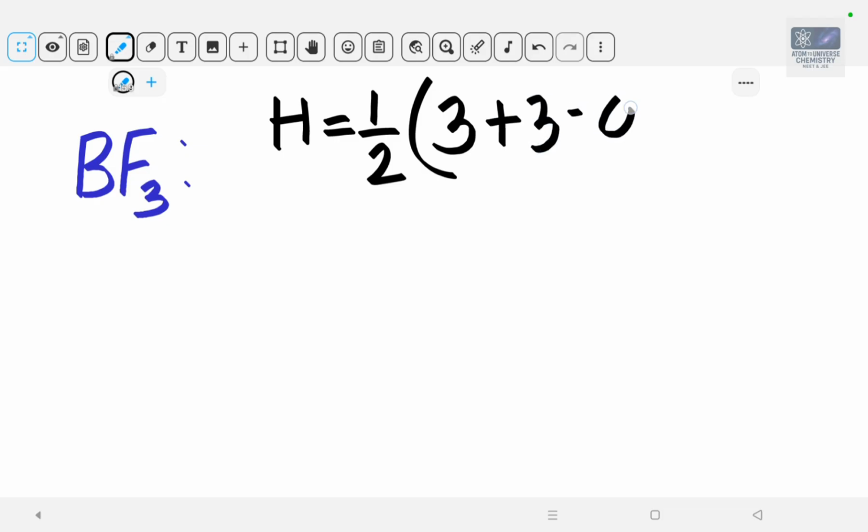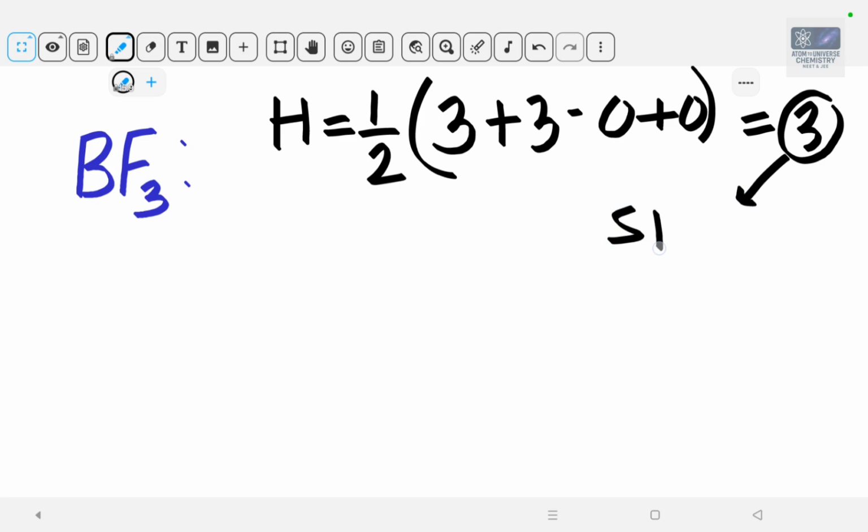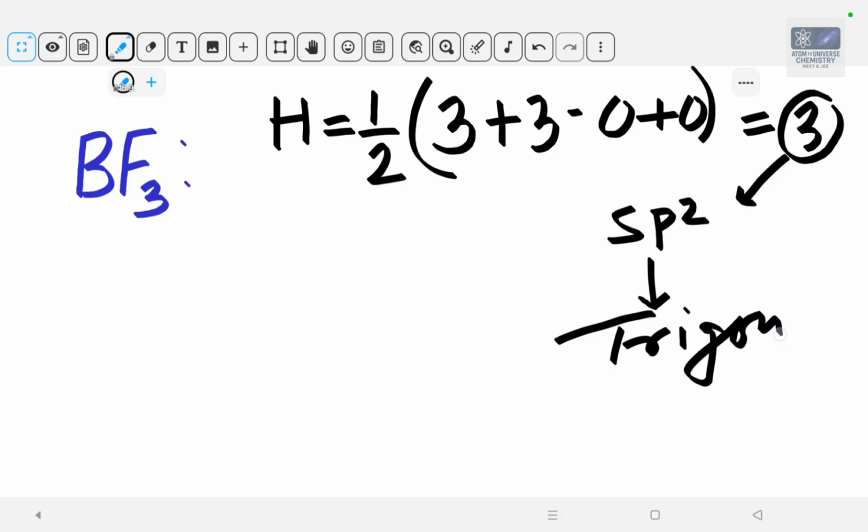No positive charge, no negative charge, giving the value of 3. So 3 is sp2. Okay, sp2 gives the structure named trigonal planar. How does it look?